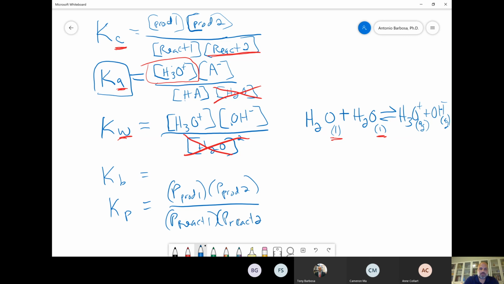And the reason we can do this is if we look, get into chemical equilibrium.